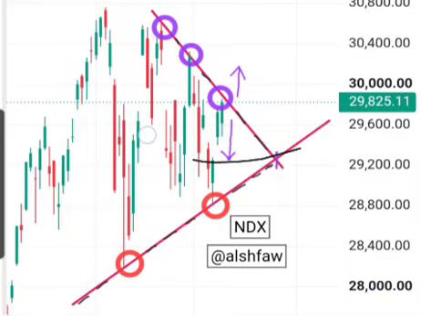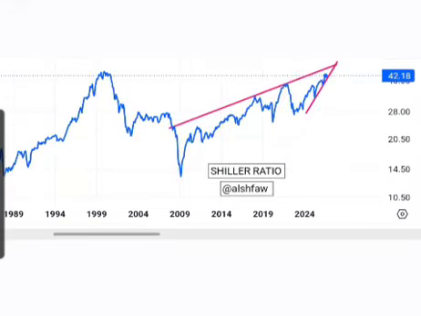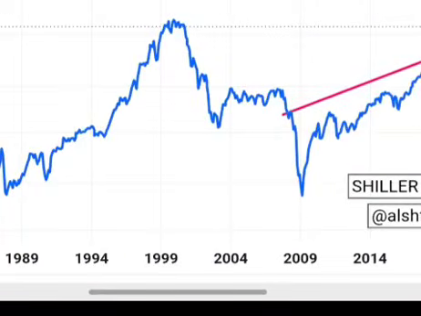We go to the Shiller ratio. Start with the older period. Here we had a parabolic move into 1999, followed by a blip, followed by price action that was more convergent.